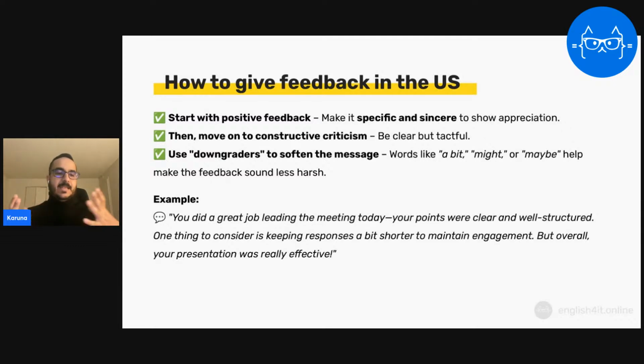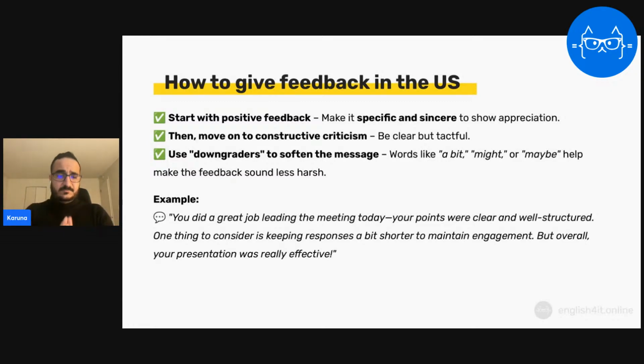I call it the sandwich method, where you start with specific and sincere positive feedback first, then the constructive criticism, clear but diplomatic, tactful. And they tend to use what I call downgraders, right?